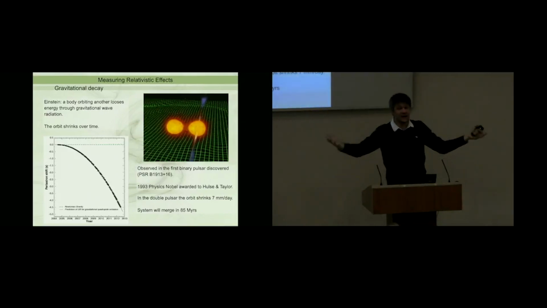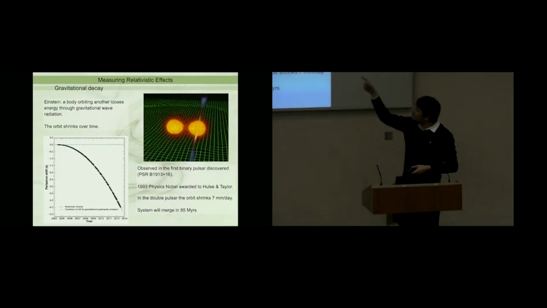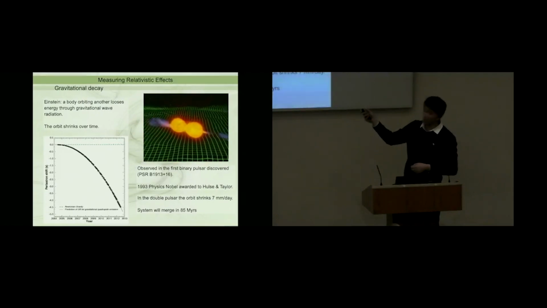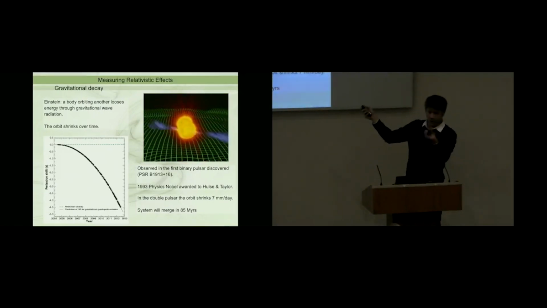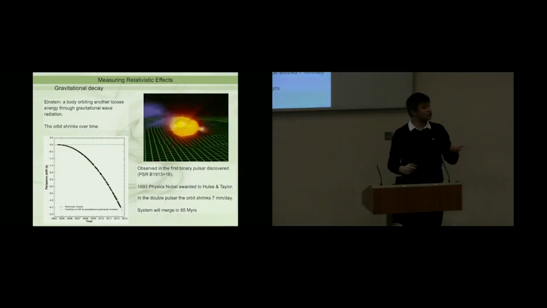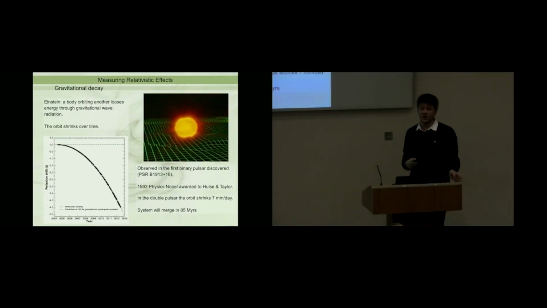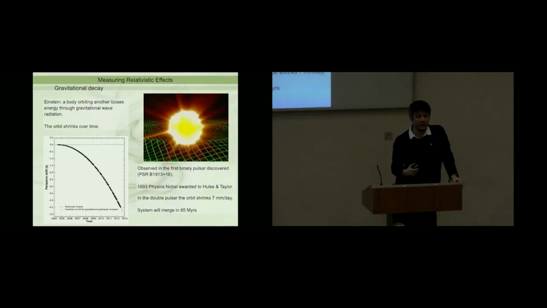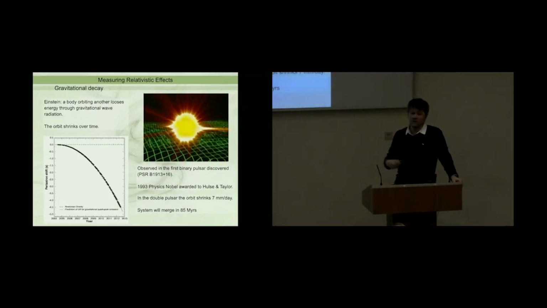And this carries energy, and the energy comes from the orbit, so they shrink over time. So eventually, binary systems, like the double pulsar system, will shrink and come into contact and merge and turn into a black hole. So this is what was observed last August of this past year, and was announced in October.